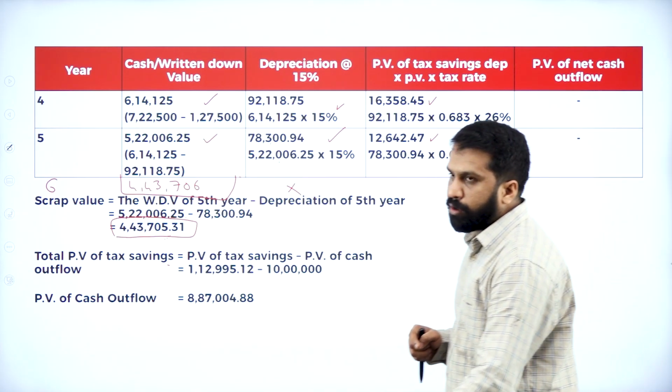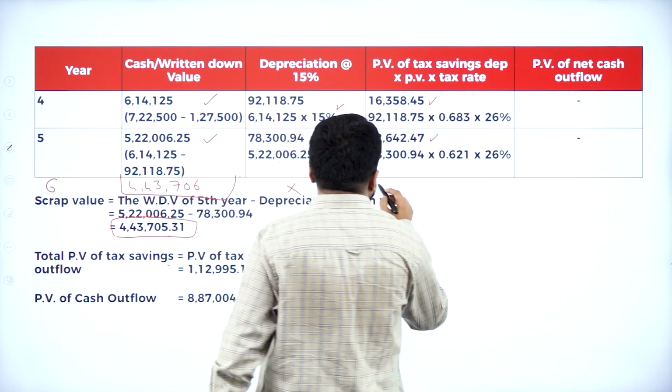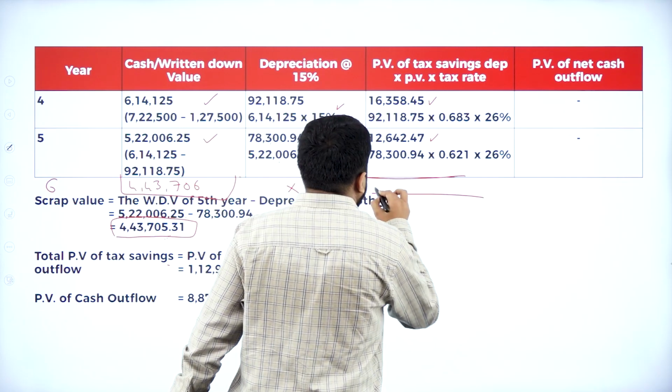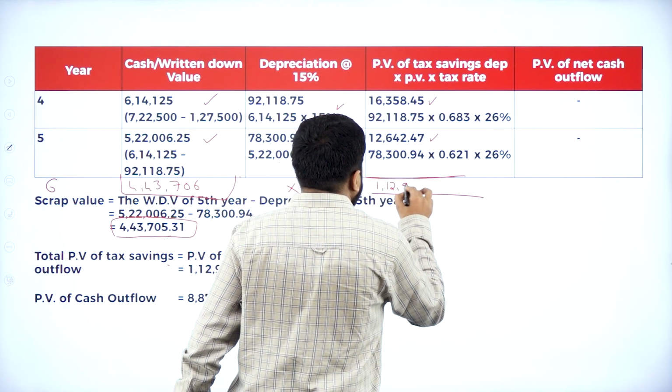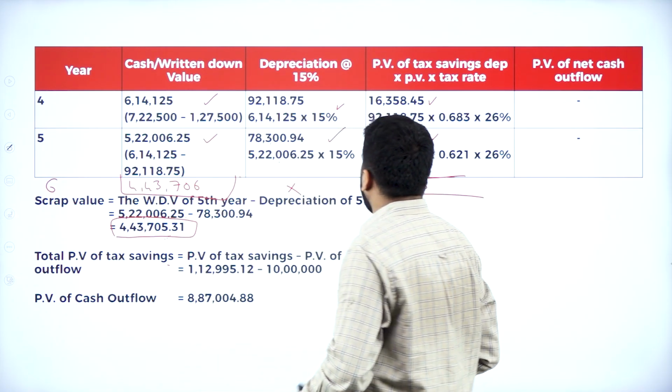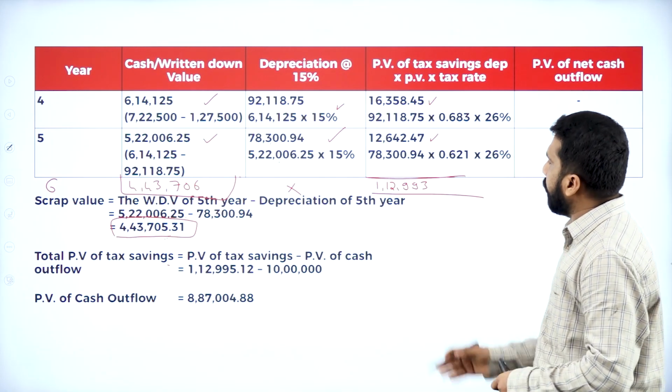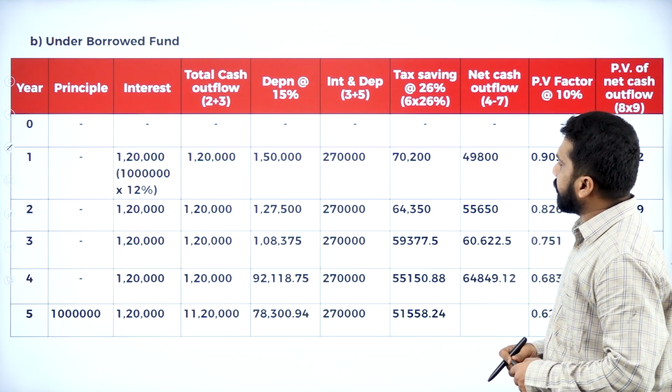I get 1,12,993. So what is the total? 1,12,993. Hope you are clear. Yes. Now I got 1,12,993.